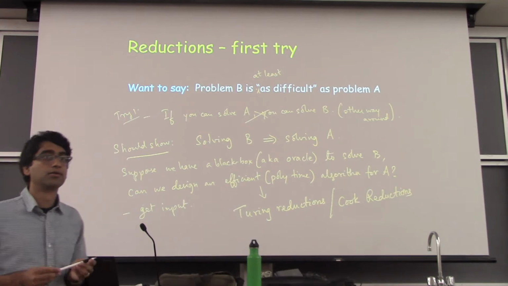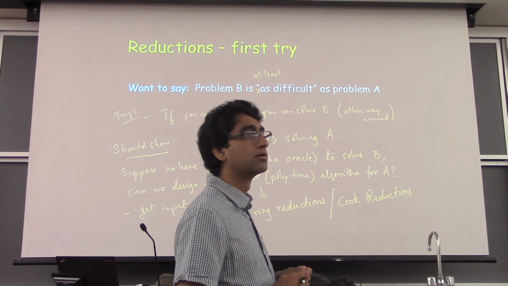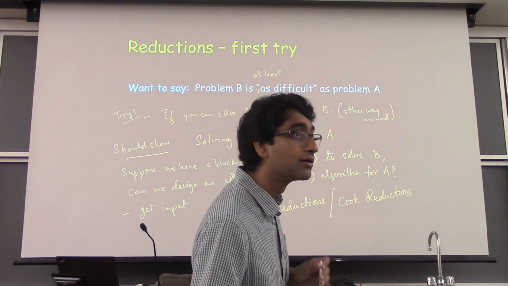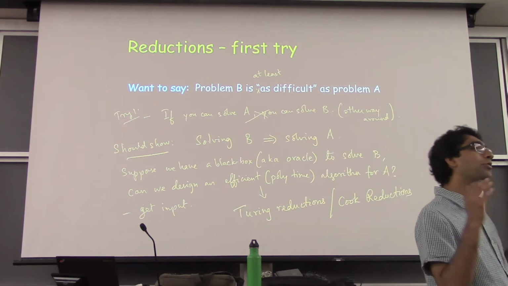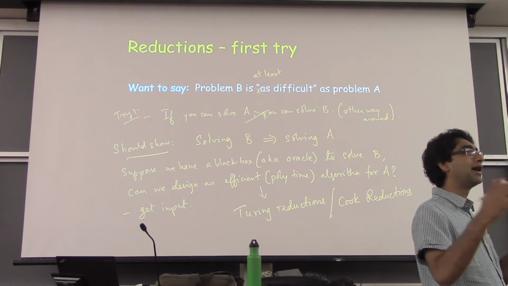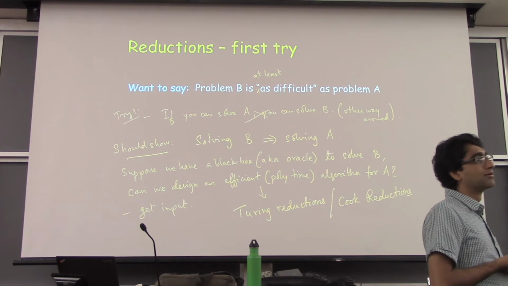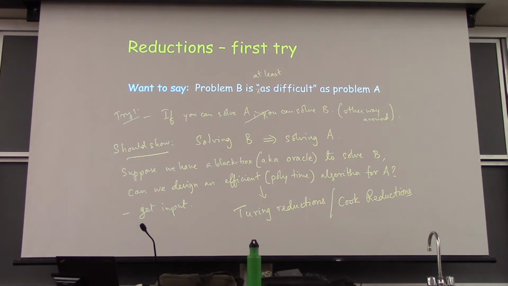If there is an efficient algorithm for A working with a black box for B, does it mean that A is harder than B? No. What does it mean intuitively to say A is harder? It means that if I can solve A, I can solve B. Say the black box is some algorithm that solves B in some time, and you're saying this takes more time, because it could call it multiple times and so on.